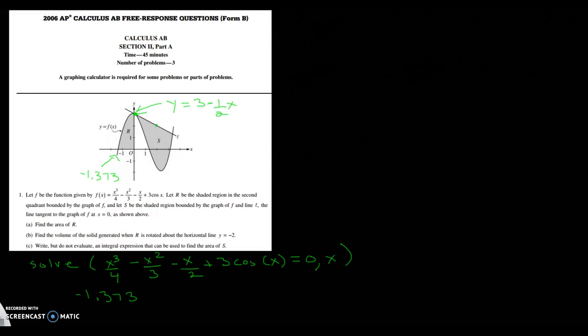But we don't need that one. So now, if we want to find our area, we have enough information to do this. The area is equal to the integral from the lower bound, negative 1.373, to the upper bound, 0, of f of x dx.